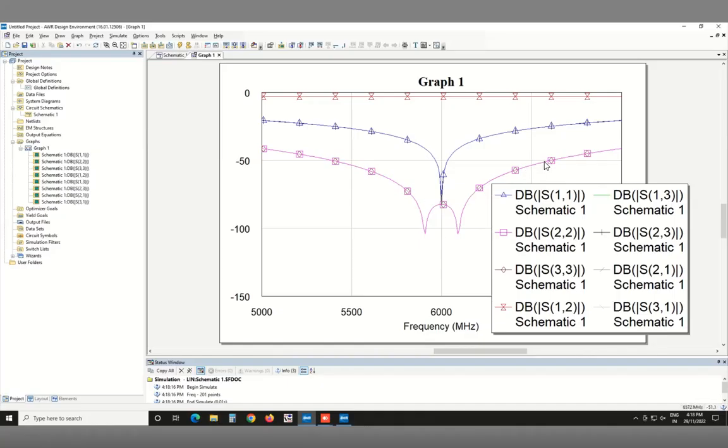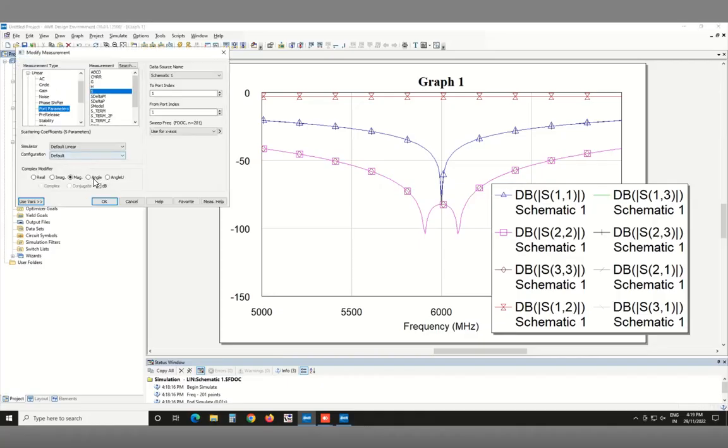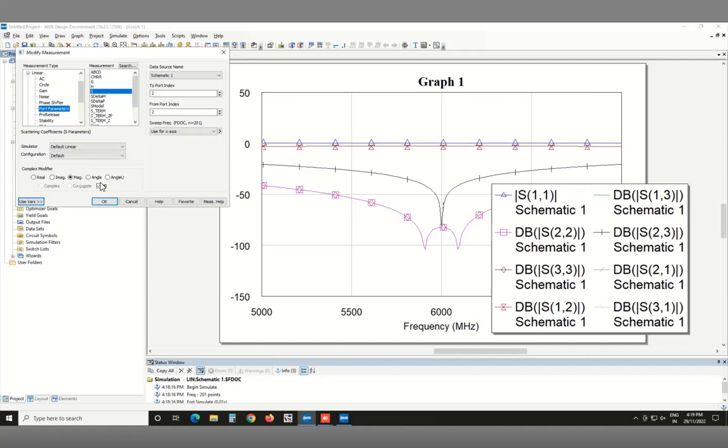Already you see there's something interesting. They're not the same, right? But they are the same at this point, at 6 gigahertz. Saying they're the same is a little strange because here it should have been minus infinity. Maybe it's better to look at it in linear magnitude. Let's quickly change that.